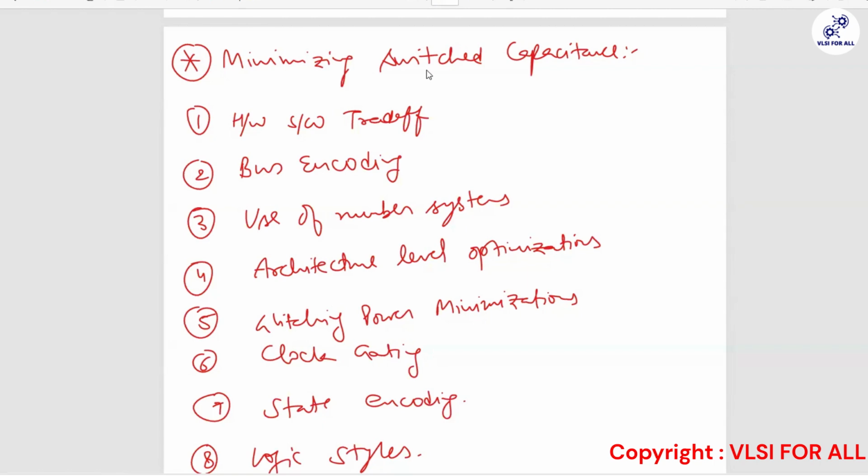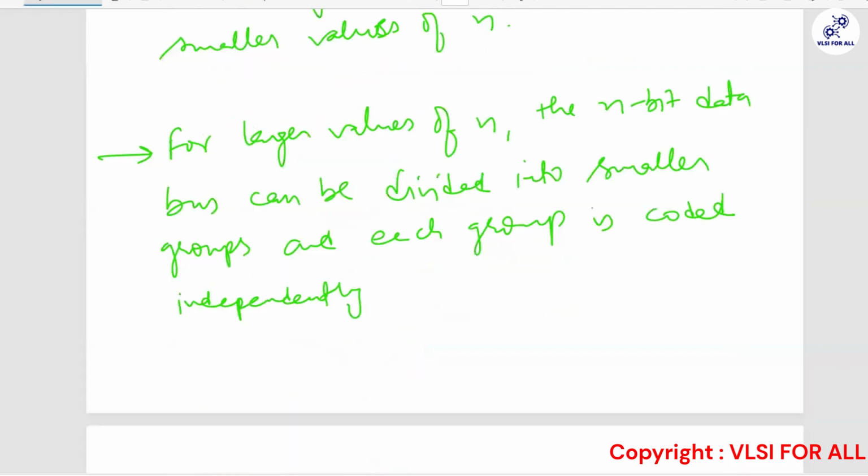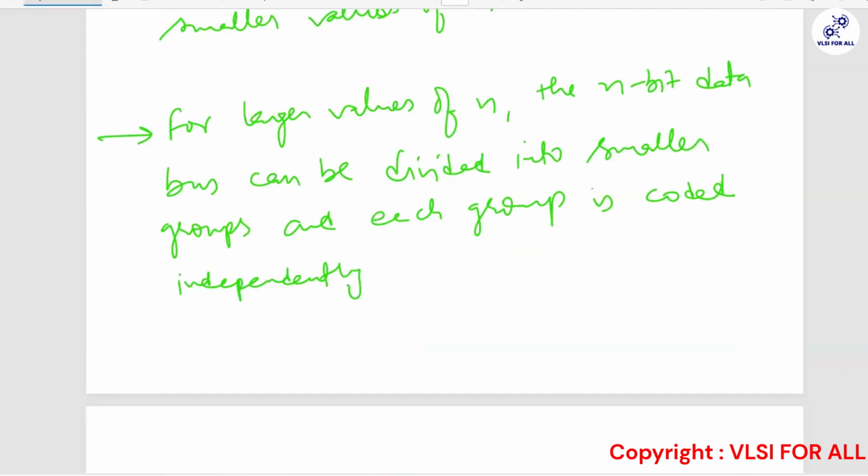Now we go with clock gating and see how we can minimize our switched capacitance. In a processor, the major component of power is the clock, because the clock switches 50% of the time, 0 to 1, 1 to 0, and each flop requires a clock.